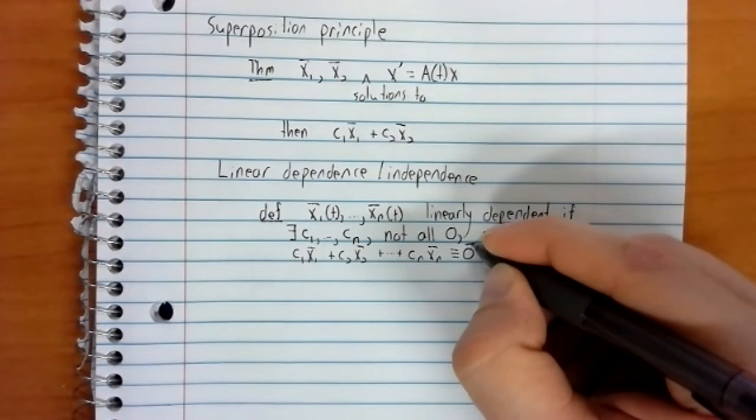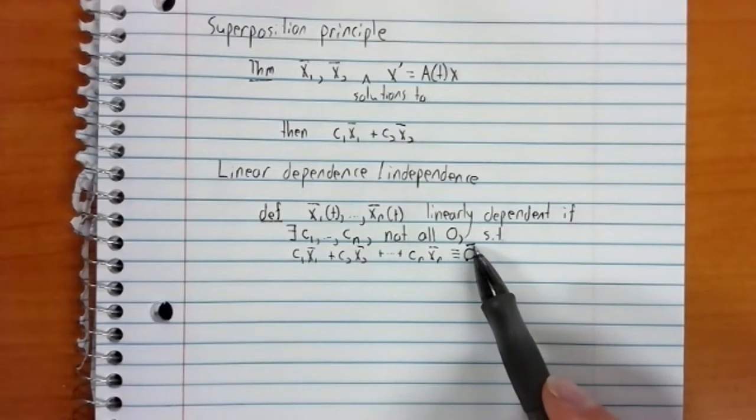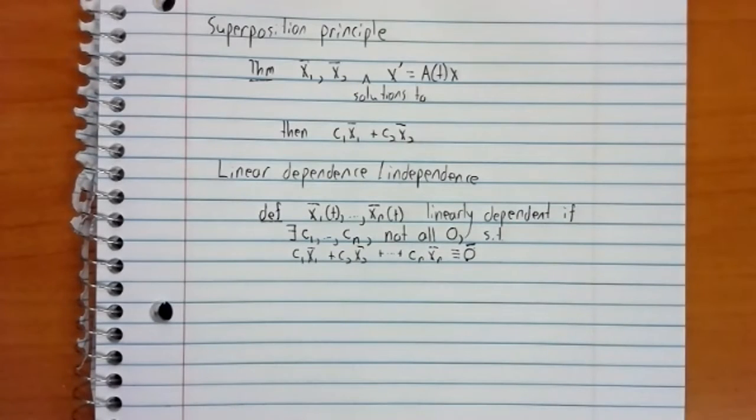This is the 0 vector, the vector that contains only 0.